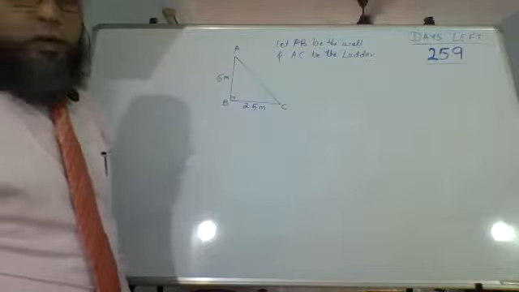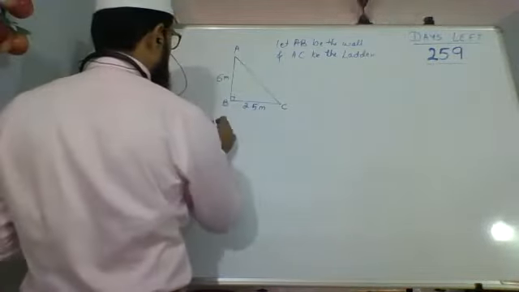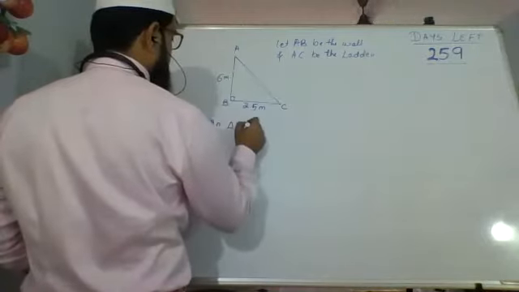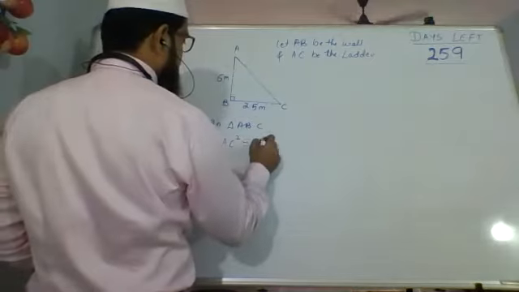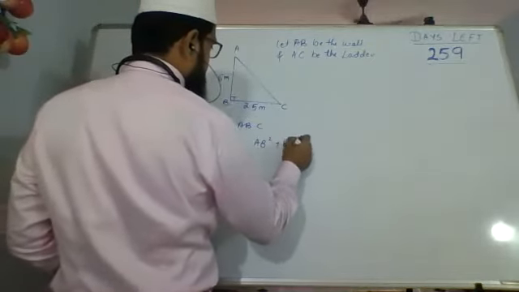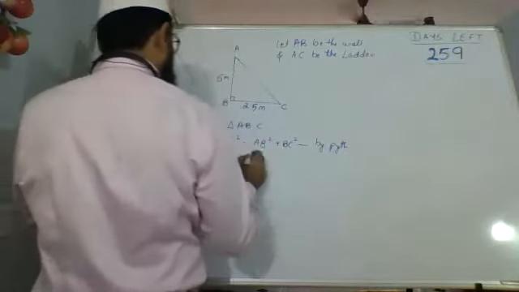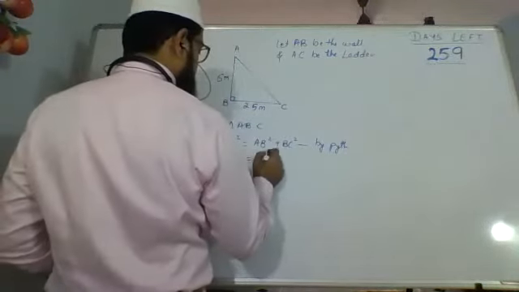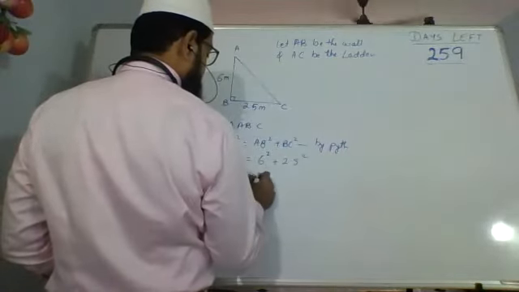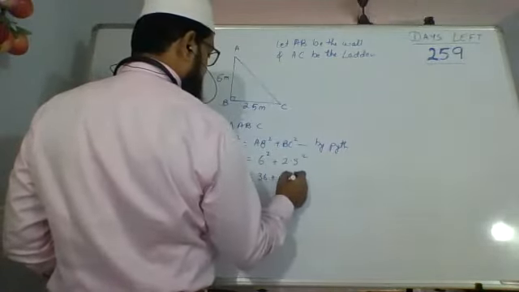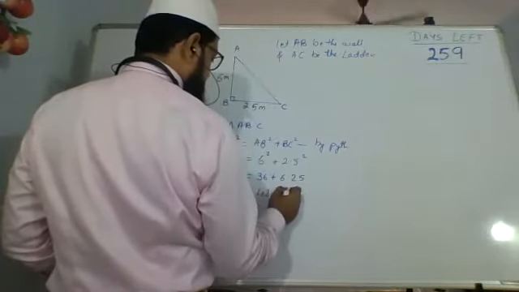Okay, so in triangle ABC, AC square equals AB square plus BC square by Pythagoras. So what is AB over here? 6 square. BC, 2.5 square. 6 square is 36, plus 6.25, which is 42.25.